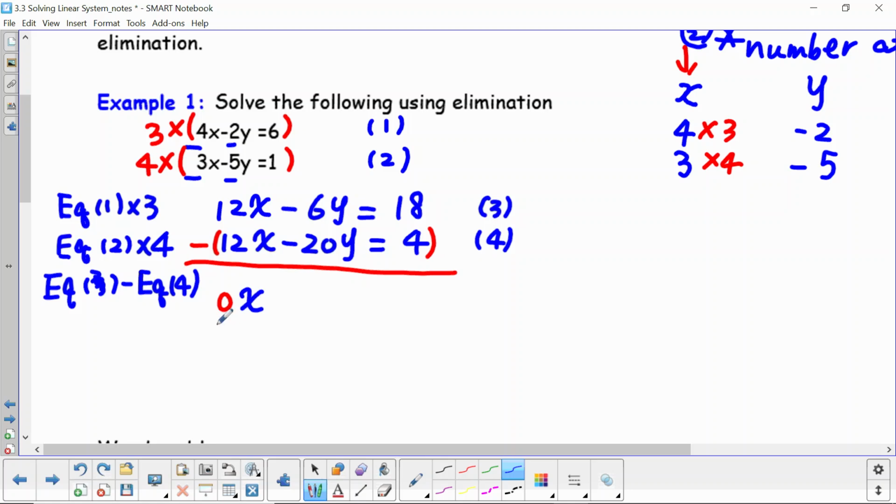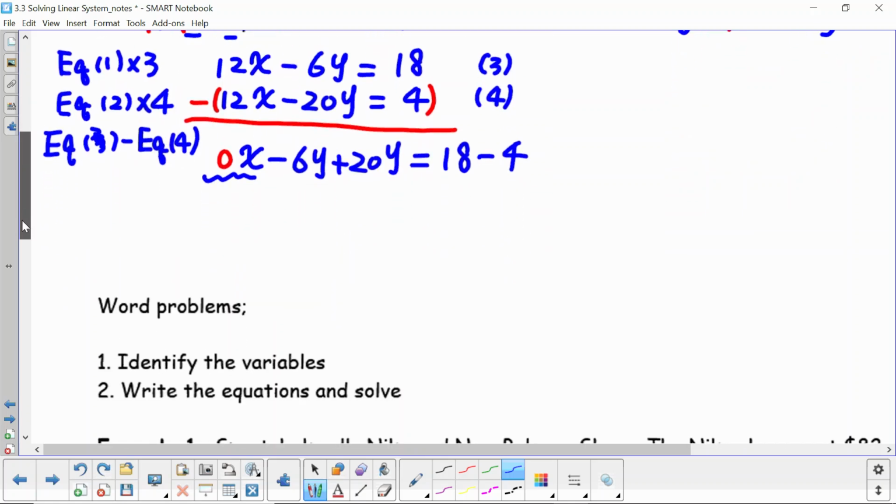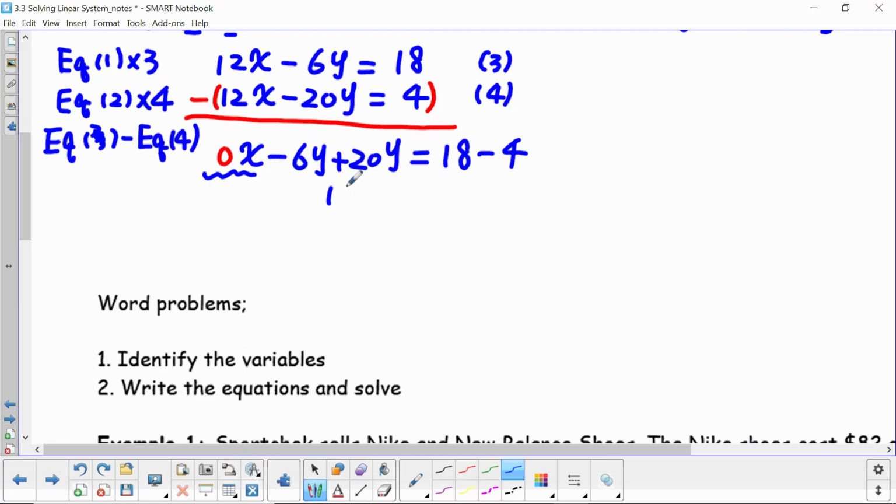This is what we want. Then the x is gone. We get rid of one variable, and the negative 6y minus negative 20y. So I will rewrite it: negative 6y plus 20y, then equals 18 minus 4. Then we collect the like terms. Negative 6y plus 20y will give you 14y.